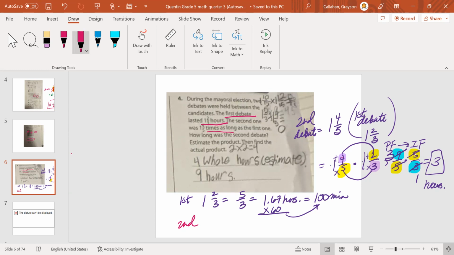So then what I'm going to do is take 1 4/5 times 1 2/3, which is going to give me 3 hours. Do you see that? So this is my answer, okay? It's 3 hours.